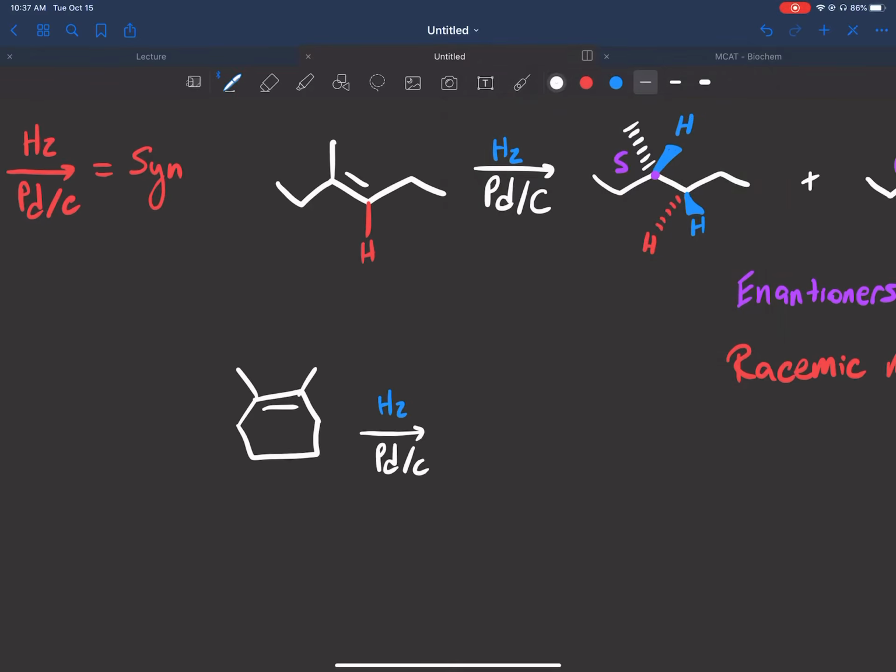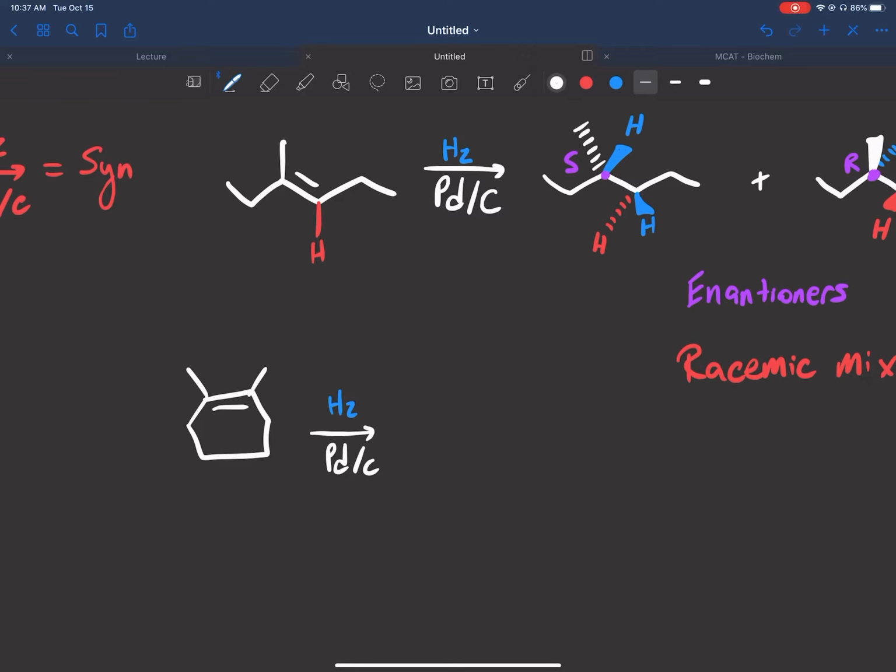So let's draw the product. Okay, so we could draw them all wedged. And so how would that look? It would look like this. H, H, and because the hydrogens are added wedged, the methyls will now be dashed.